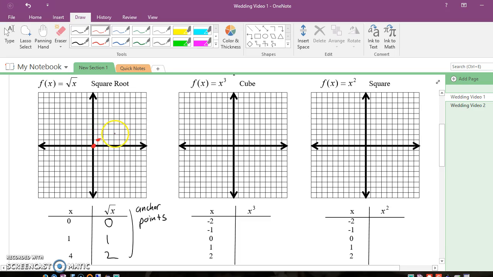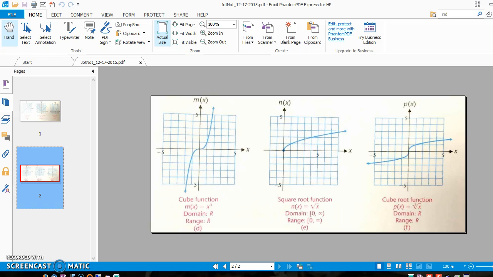Now, to actually make the graph, I have to have a sense of what the graph looks like, though I am going to ultimately connect these dots, but there's a lot of ways to do that, and this is one of the situations where the book is helpful, because looking at the book, you can see what the shape is. The shape is kind of half of a curve, half of an arc.